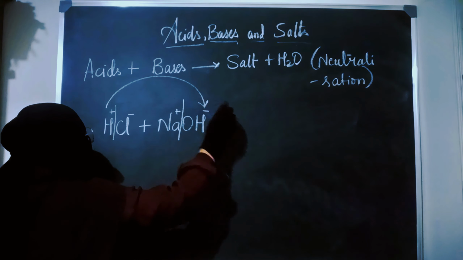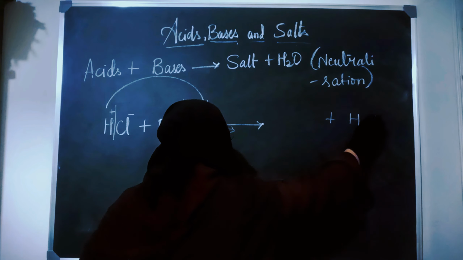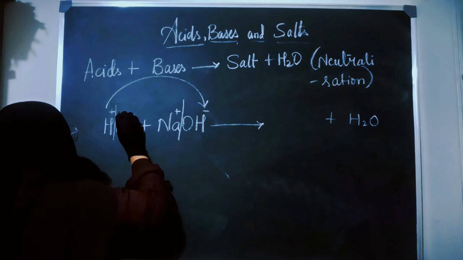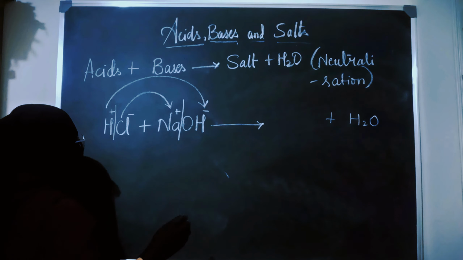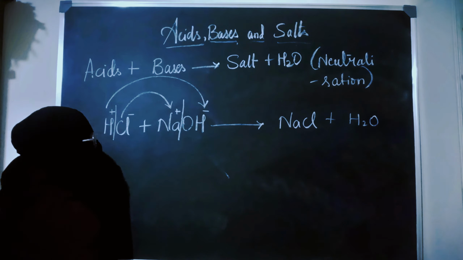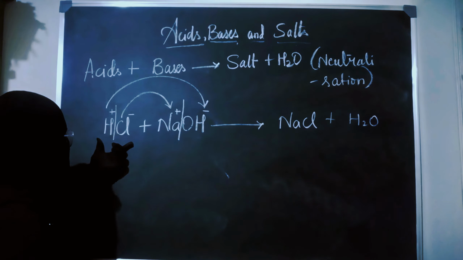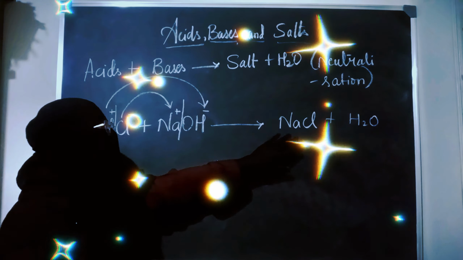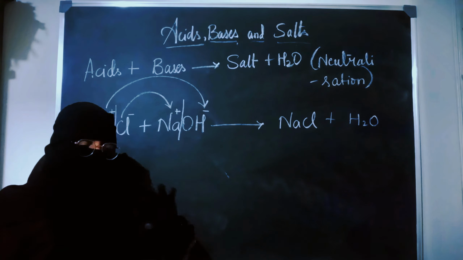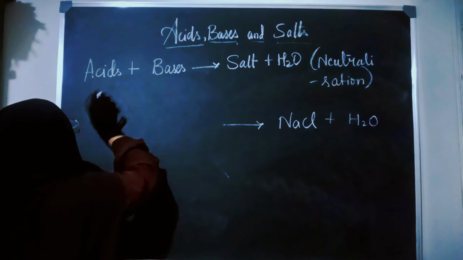Anion of this reacts with the cation, leading to the formation of water, plus anion of this will react with the cation of this, leading to the formation of salt, which is nothing but NaCl. Correct? So whenever we see that acid reacts with a base, it leads to the formation of salt and water. This is a general reaction which is called a neutralization reaction.